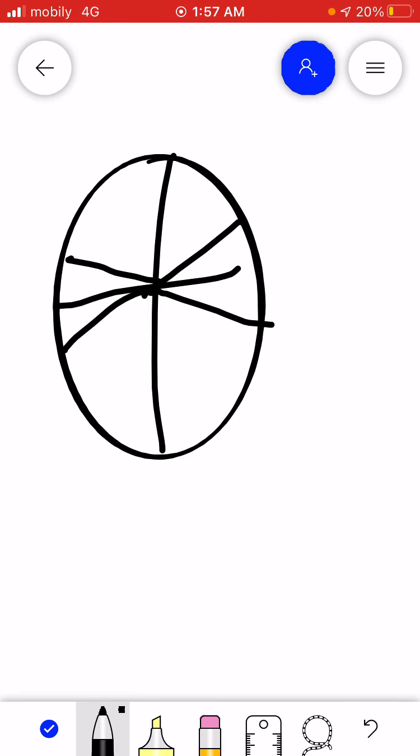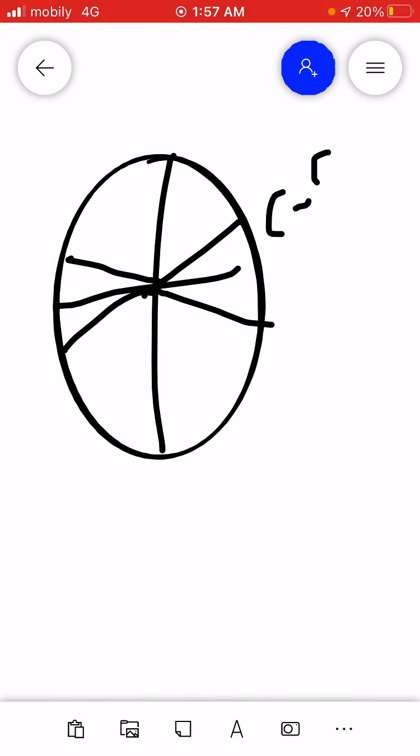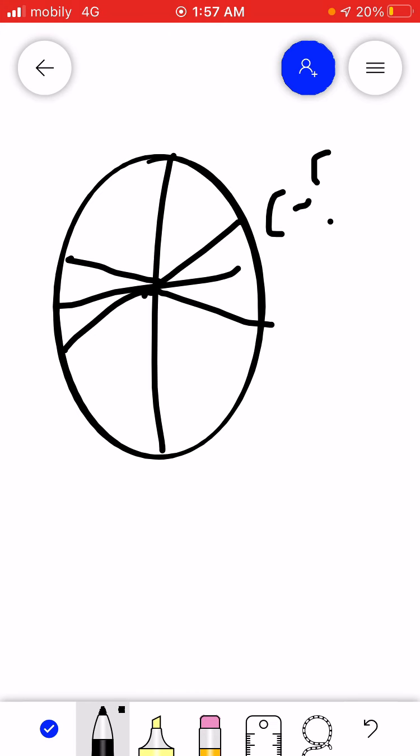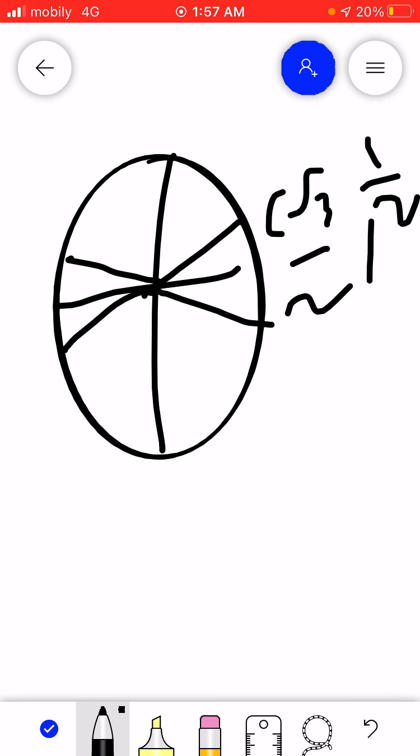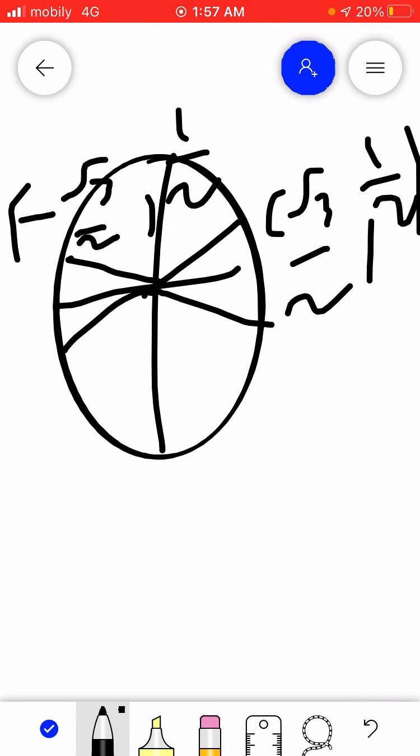So we know that this one is positive root 3 over 2 and half. And we know that one is negative root 3 over 2 and half.